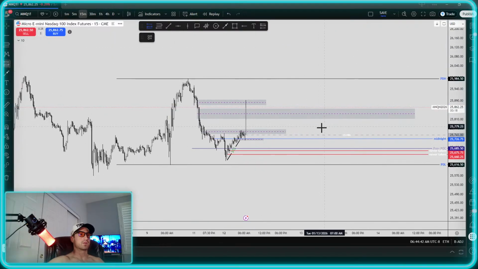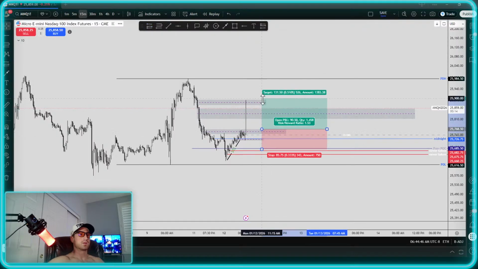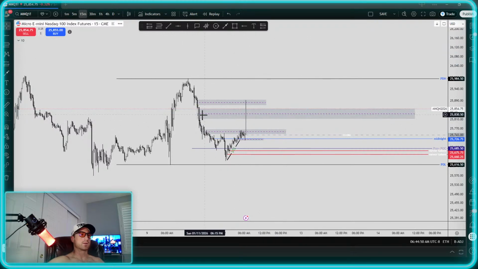Yeah, something like this. What's this gap? So we got the opening range high set in, I believe.